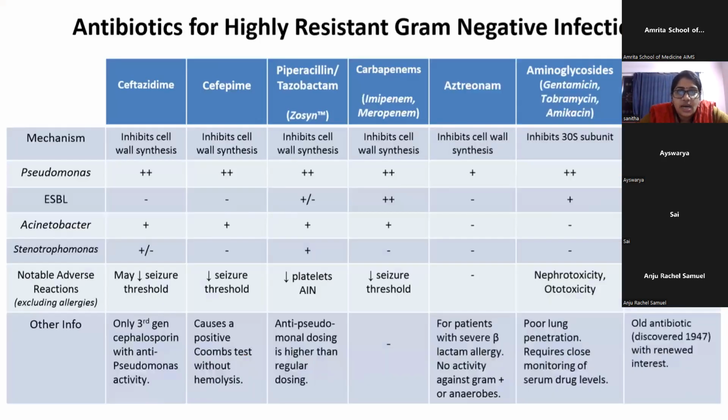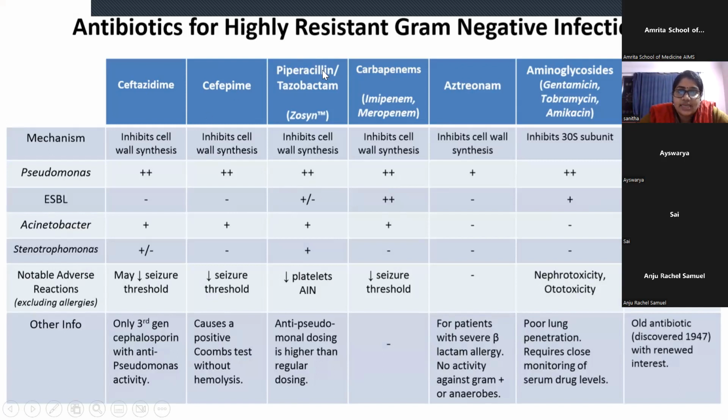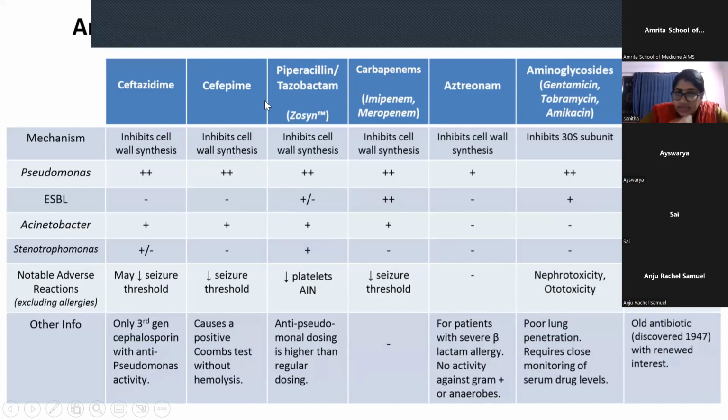So this is a table displaying the various antibiotics that are commonly used for treating gram-negative infections, especially in different organisms. So here we have ceftazidime, a cephalosporin beta-lactam antibiotic, which inhibits cell wall synthesis. Then there is fourth generation cefepime, which is also a cephalosporin which inhibits cell wall synthesis.